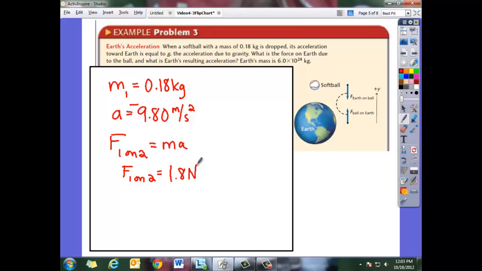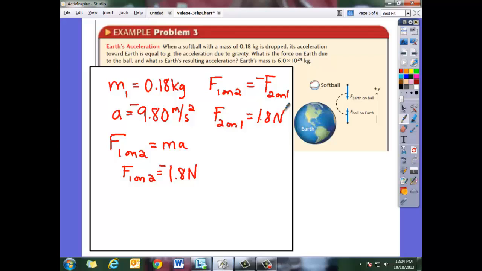According to Newton's third law, the force of 1 on 2 is equal to the negative of the force 2 on 1. This is a negative because I use a negative 9.8. So that means the force of 2 on 1 is also equal to 1.8 newtons.